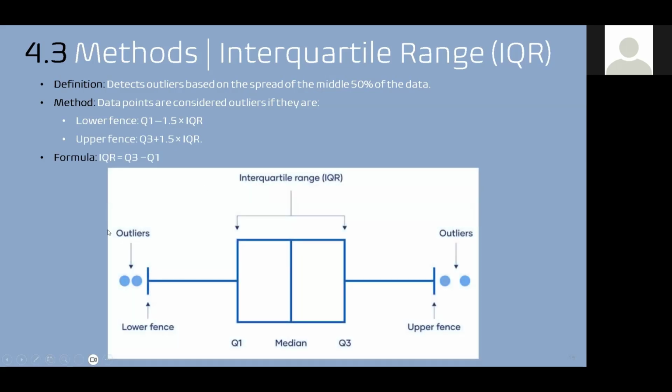That's the way it looks: this is quartile 1, this is the median, and this is quartile 3. The difference between them will be the interquartile range. Once we apply the lower and upper fence formula, anything below the lower fence will be an outlier, and anything above the upper fence will be an outlier too. All right, and I'll get to the example.